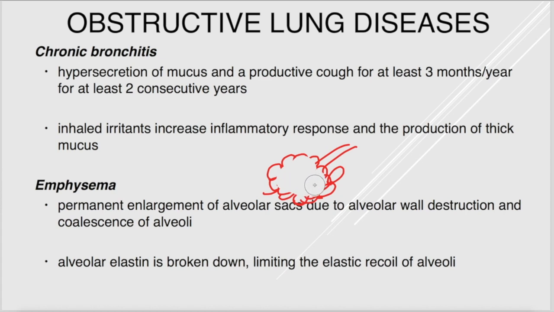And all of these alveoli kind of coalesce into one stiff super alveolus. So these alveolar sacs just break down, and you really limit the amount of surface area for gas exchange. And also, with emphysema, you have the breakdown of elastin, which surrounds the alveoli, and that helps the alveoli to recoil. And when you lose that, again, these alveolar sacs become stiff and very inefficient.